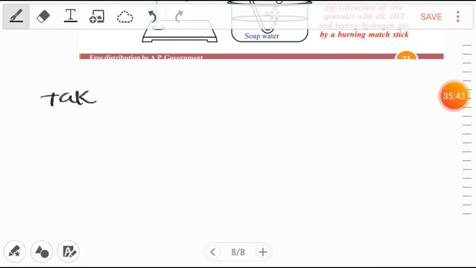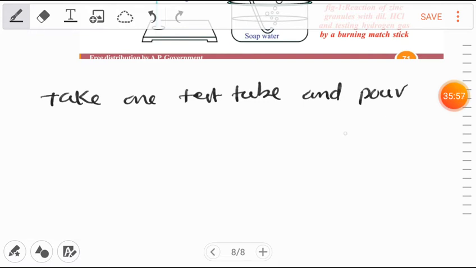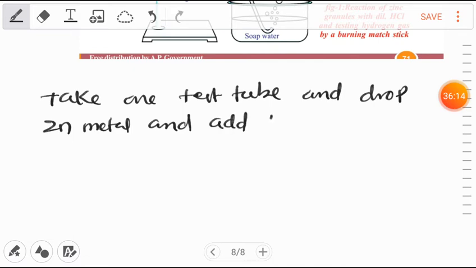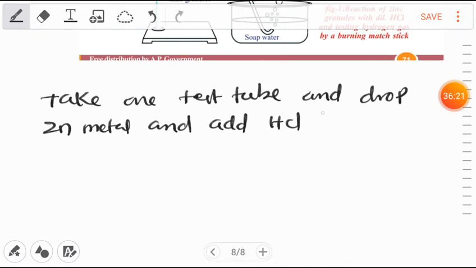Take one test tube and drop, you can write, not pour, drop zinc metal granules and add HCl, as shown in the figure.